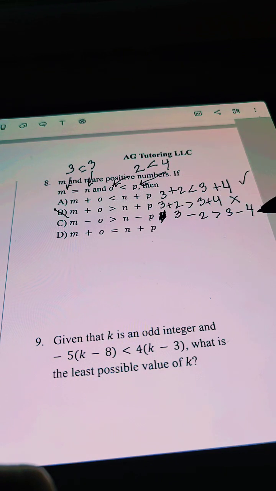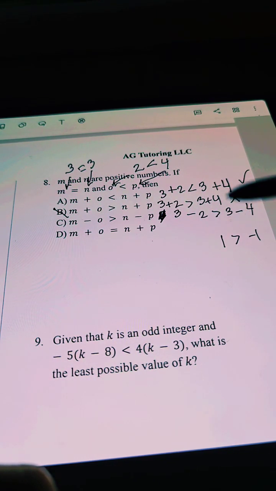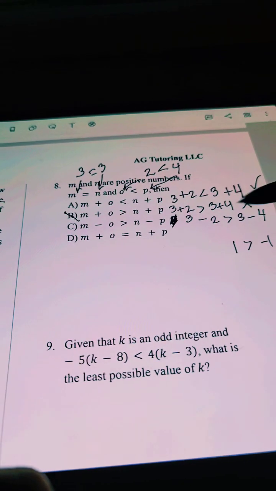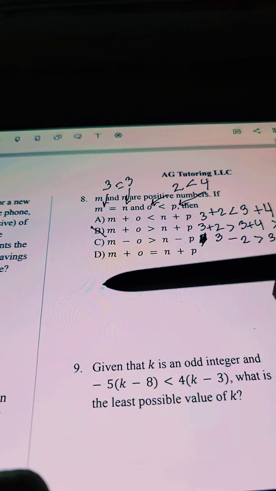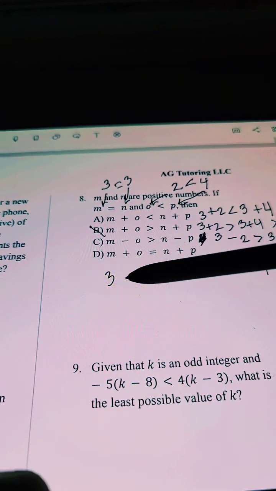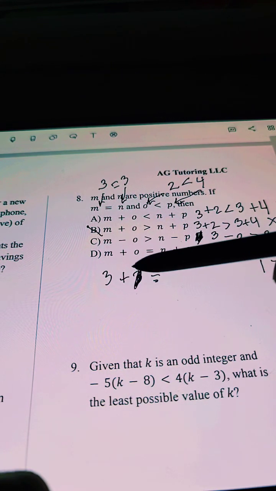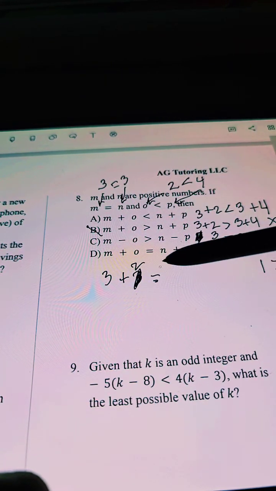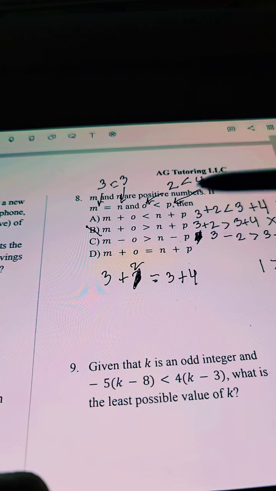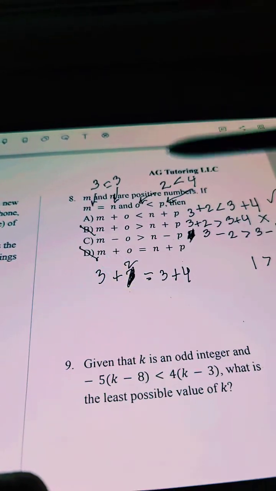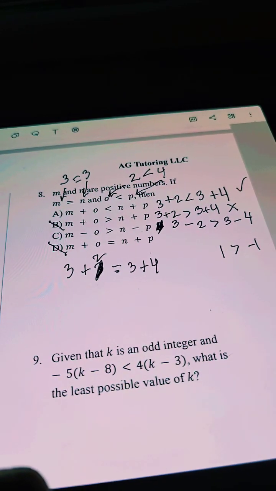So 1 is greater, you see how it happens there? 1 is greater than -1, which is true. So it could be that one as well so far. And then we have M is 3 plus 2 for O has to equal 3 for N and 4 for P. Well, that's not true. So you can use it to help you narrow down and eliminate answers is kind of what I'm saying.